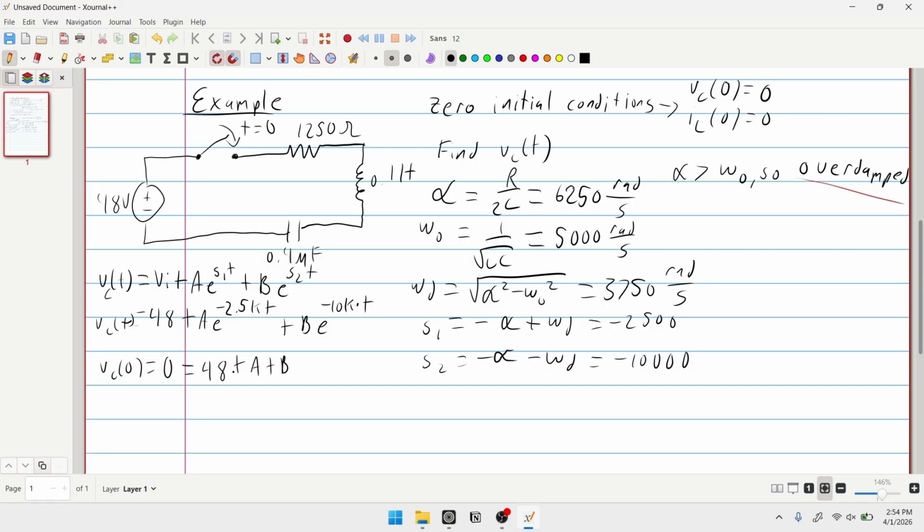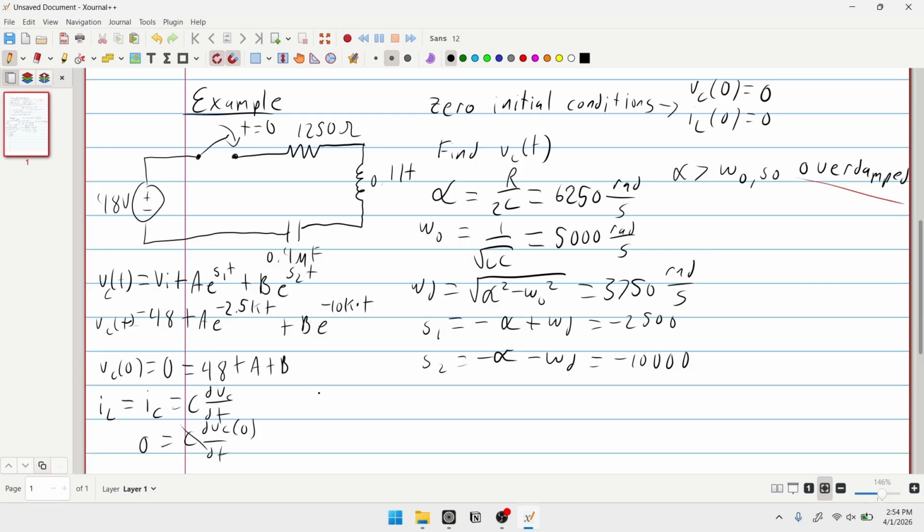Now we need to find our second equation, and we're going to start by knowing that iL equals the capacitor current, which equals C dV/dt. We know that this is 0 from our zero initial condition, so C dVc/dt equals 0.